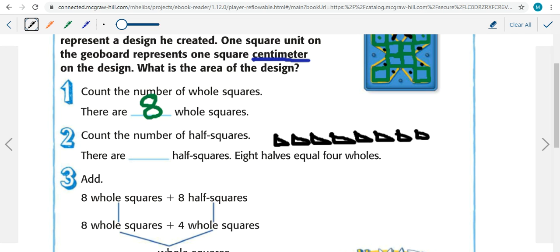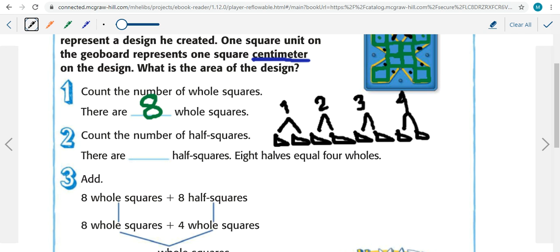And remember that if we have 2 half squares, we make 1 whole square. So let's see how many whole squares we have. We have 1, 2, 3, and 4.